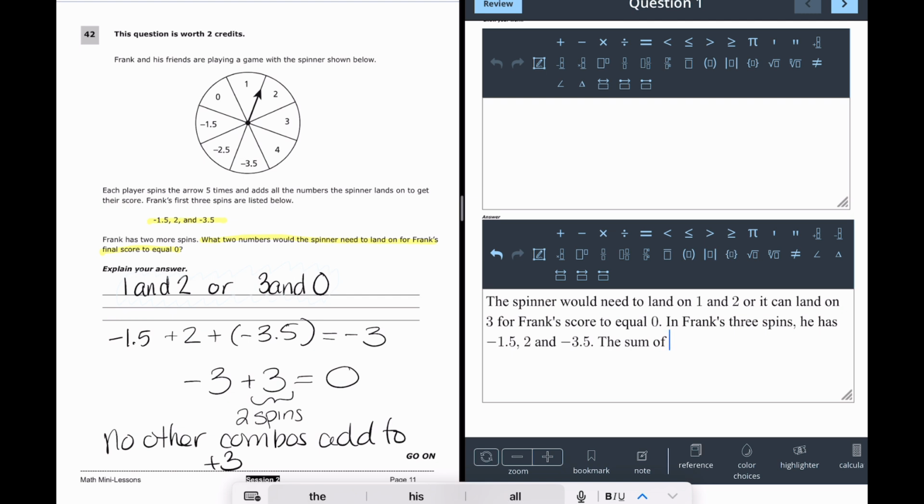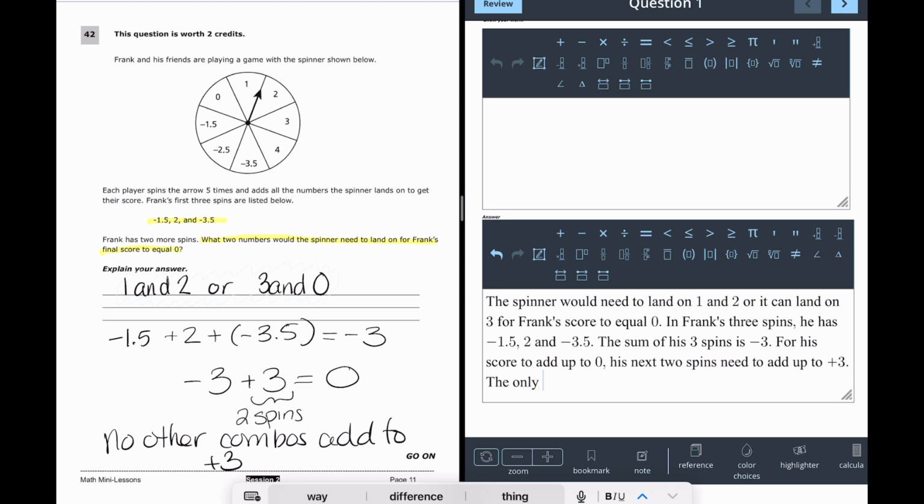The sum of his 3 spins is negative 3. For his score to add up to 0, his next 2 spins need to add up to positive 3.